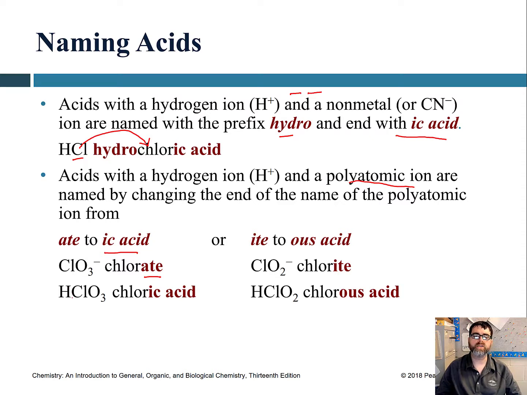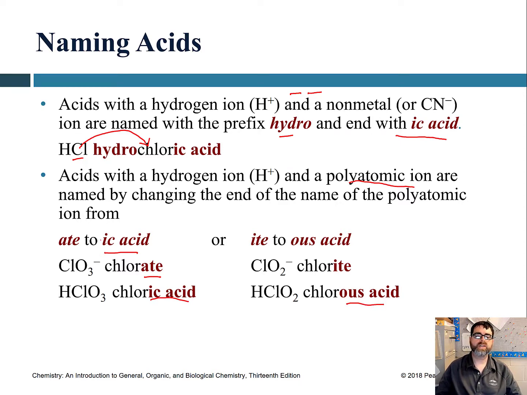The fact that it's an acid tells us there's a hydrogen present, and then to be able to distinguish between the chlorine polyatomic ions here and the chloride ion here is why we have the hydro on the chloride ions, the non-metal ones. Anyway, the "ate" ions become "ic" acids. The "ite" ions become the "ous" acids.